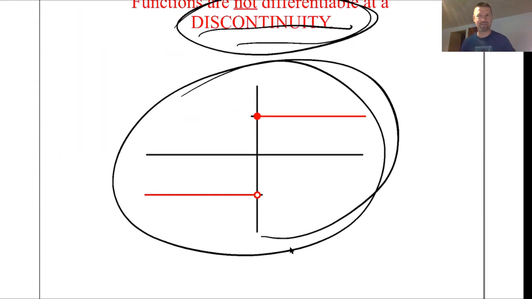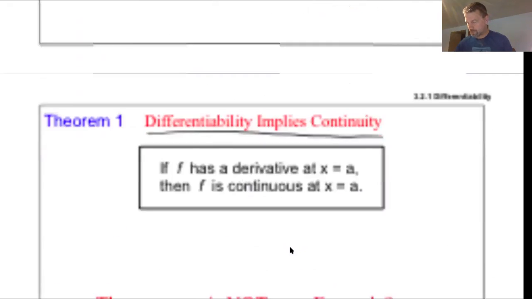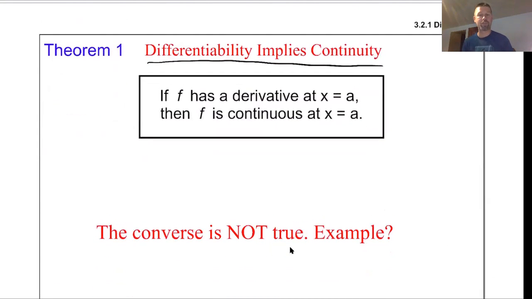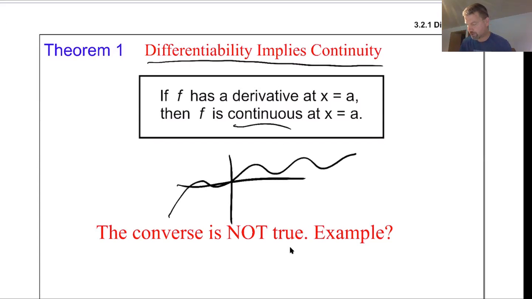Otherwise I wouldn't have been differentiable. So if I say there's some function that's differentiable everywhere, you would know it's continuous everywhere. There are no discontinuities anywhere in there.